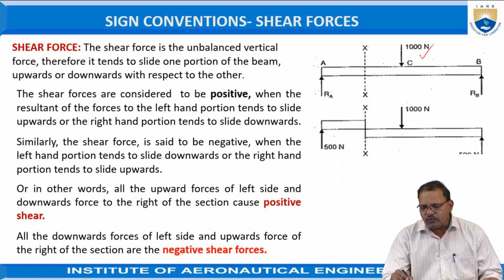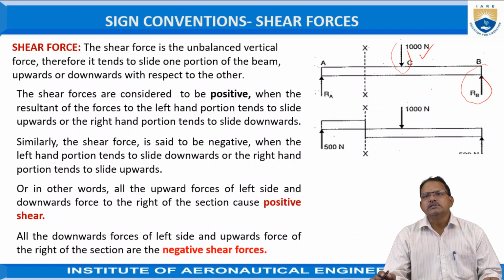Here this force of 1000 newtons is acting vertically downward, but the reaction RB is acting in the upward direction. That means these vertical forces may act in upward or downward directions.